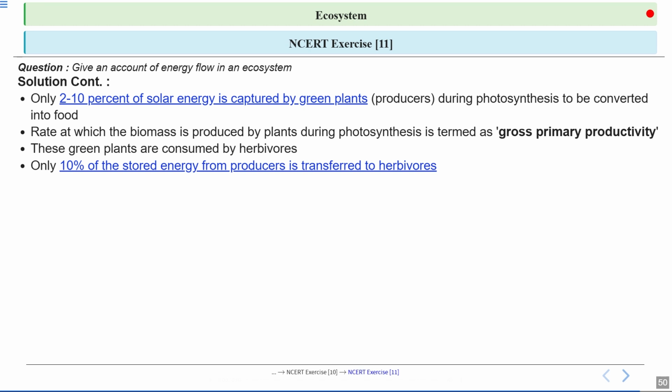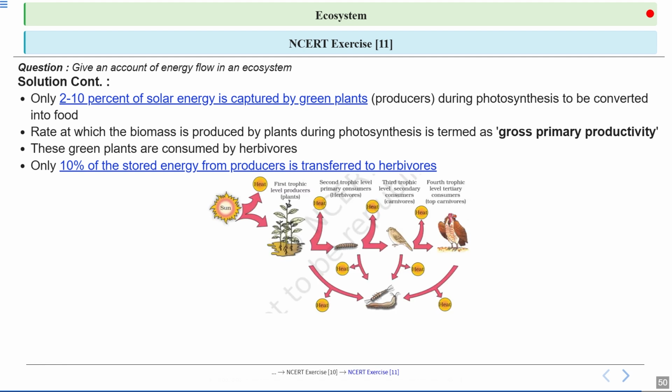And only 10% of the energy is transferred from producers to the consumers, or you can say from producers to the primary consumers, which are the herbivores. The rest of the energy is lost in the form of heat. Okay, so about 90% of the energy is lost at each trophic level. Yes, only 10% of the stored energy from the producers is transferred to the herbivores.